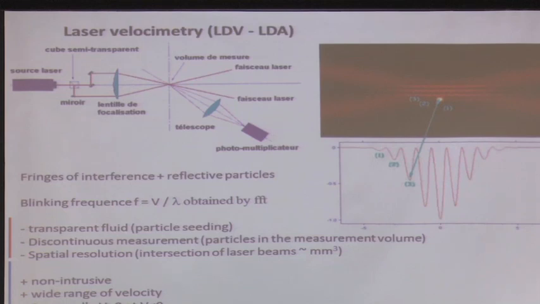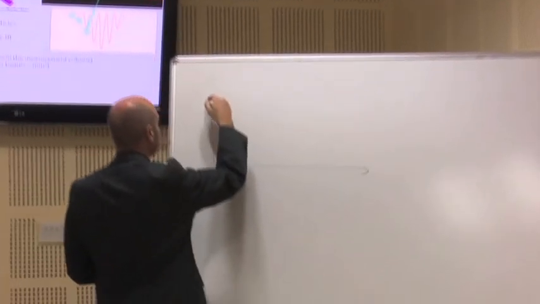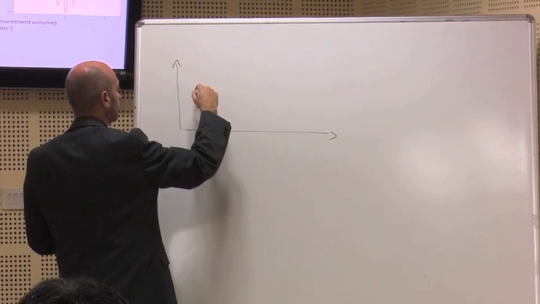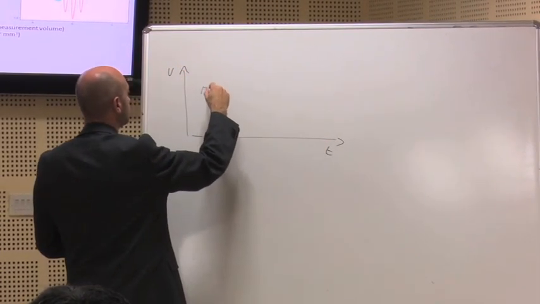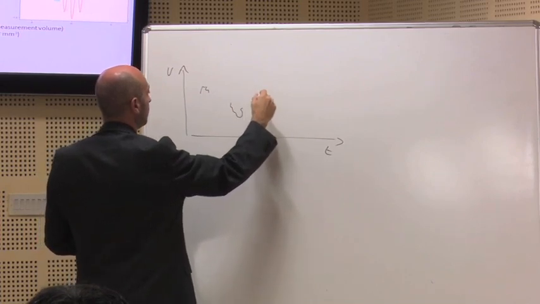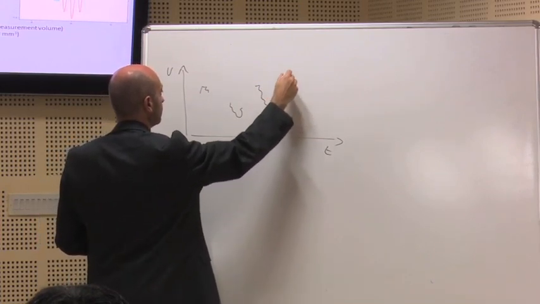Maybe during one second there's no information, and then suddenly one particle passes and you get the velocity at that time. Then you wait, and another particle comes, and you again have some information. So usually the velocity signals look like this: v as a function of t, with information, then a blank, then again information.